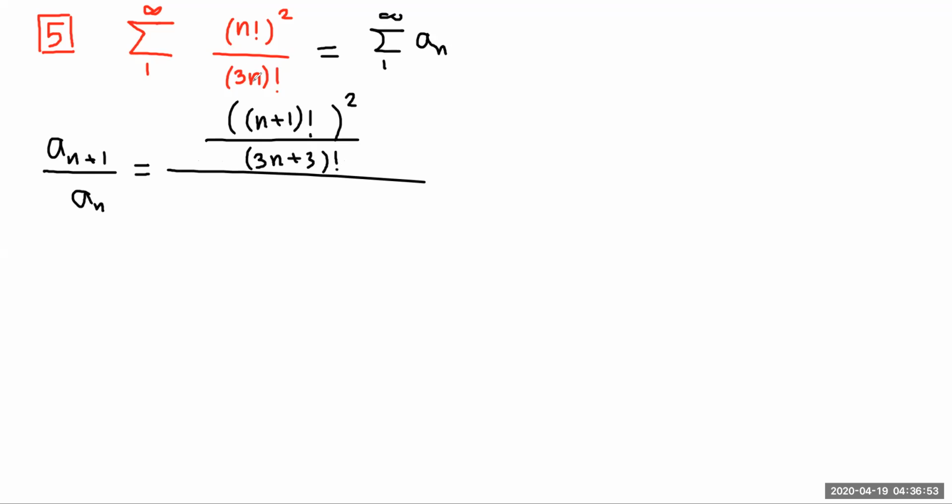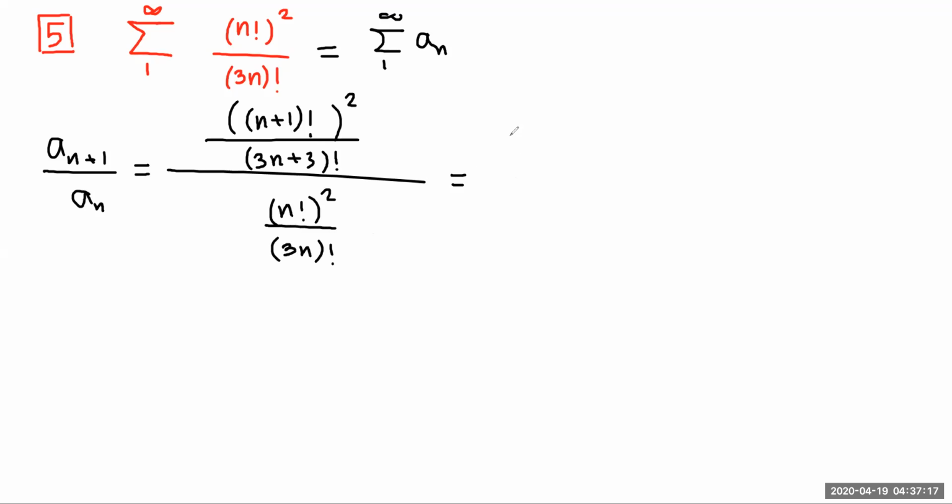Because here, instead of n plus 1, it will be 3n plus 3. Okay. Over n factorial power 2 divided by 3n factorial.